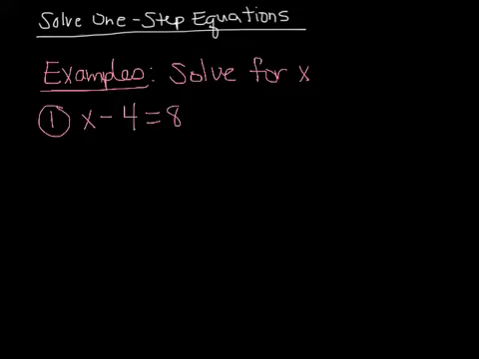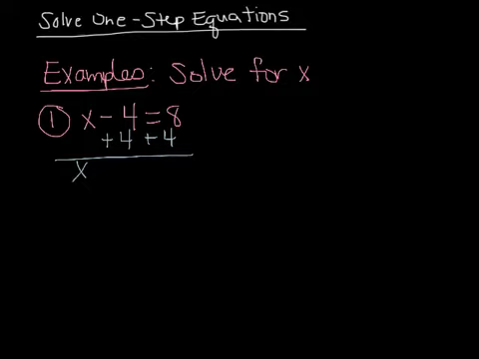In order to figure out what x is, we need to look at the number that's with the x, which is the minus 4, and do the inverse of subtracting 4. So remember that the inverse of subtraction is addition, so we are going to add 4 to both sides. You're going to bring down your x.